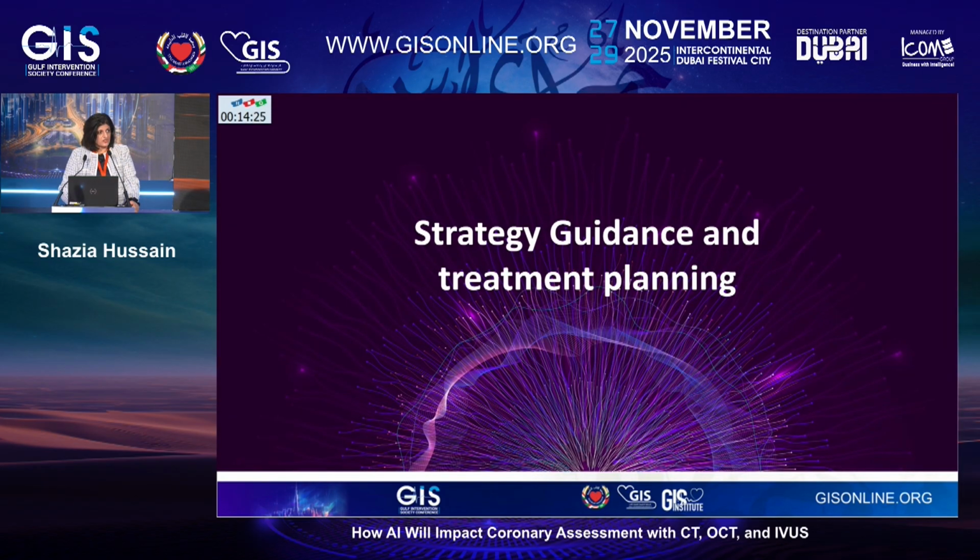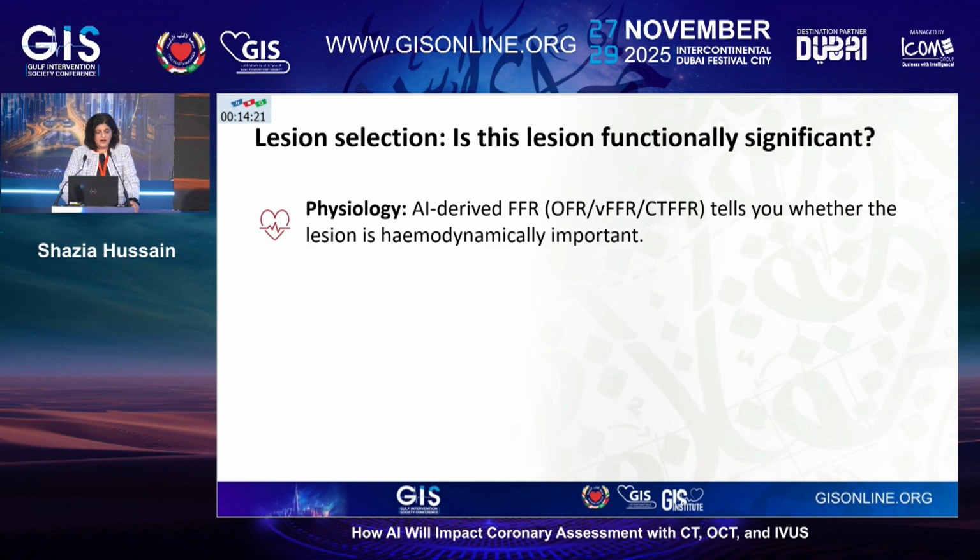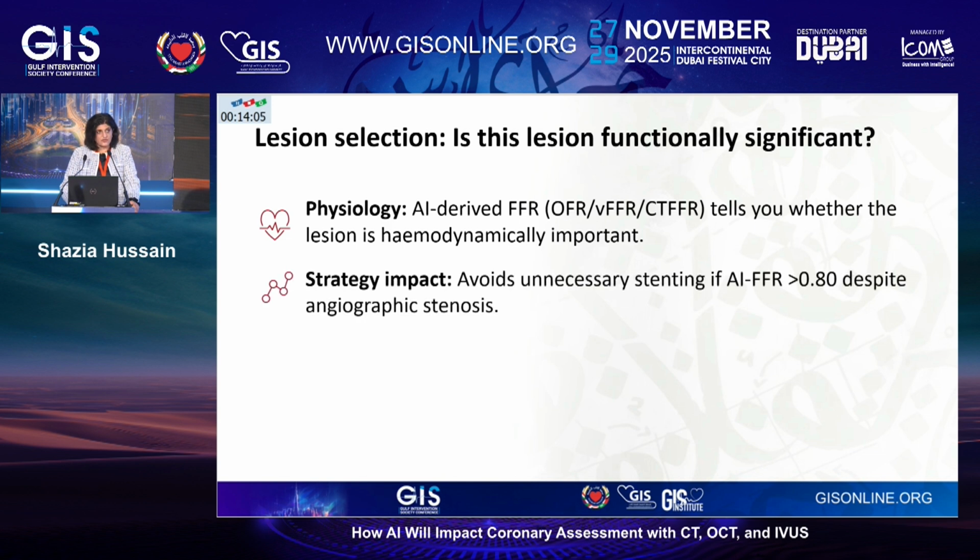But the question is, what's the next step? That's what we're using at the moment. And the next step, which is currently in development, is the integration of physiology and anatomy. So if we've got anatomical data, we also want to know whether it's functionally significant. And you can get AI-derived FFR, which will tell us whether or not we should do a lesion.